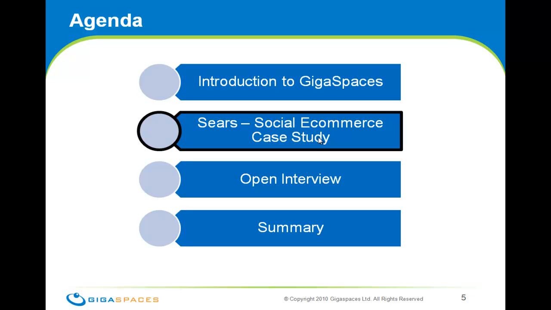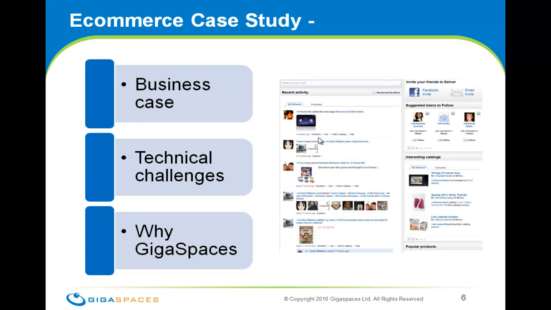Thanks, Nati. My name is Tomer Gebel, and I work for Delver, which is basically the Israeli R&D center for Sears. What I'm going to talk about is a case study about our use of Gigaspaces to build a social commerce platform. I'll start by introducing the business case for social commerce.